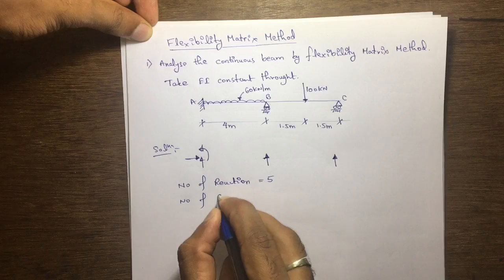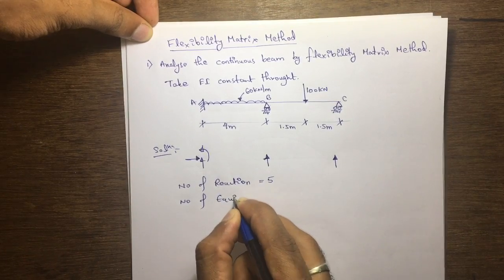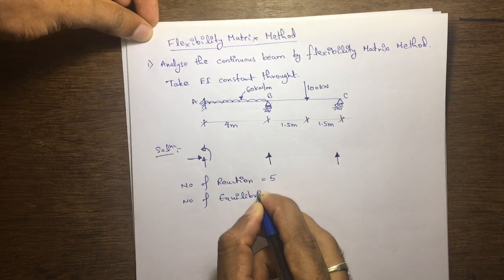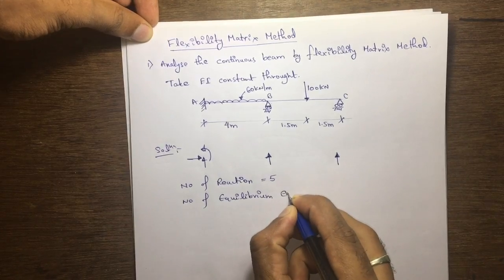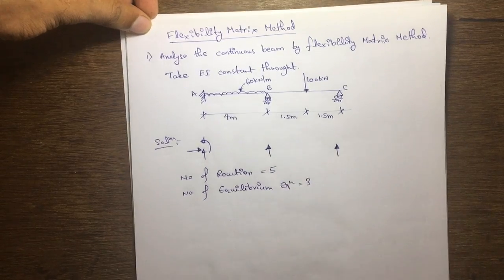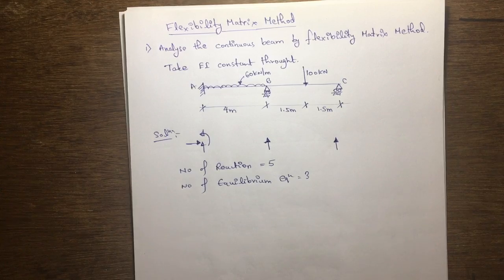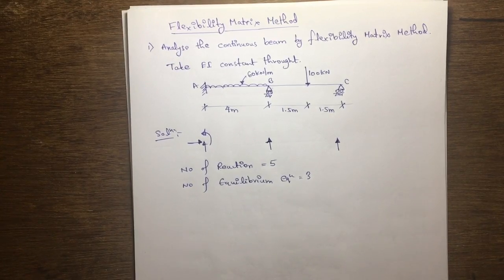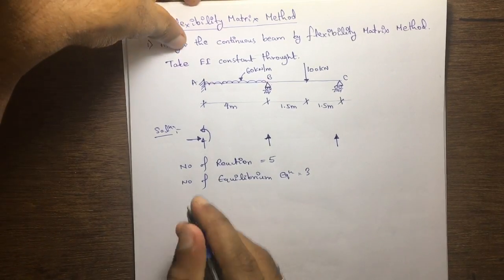Number of equilibrium equations: we know there are 3 equilibrium equations, that is sigma Fx is equal to 0, sigma Fy is equal to 0, sigma M is equal to 0.